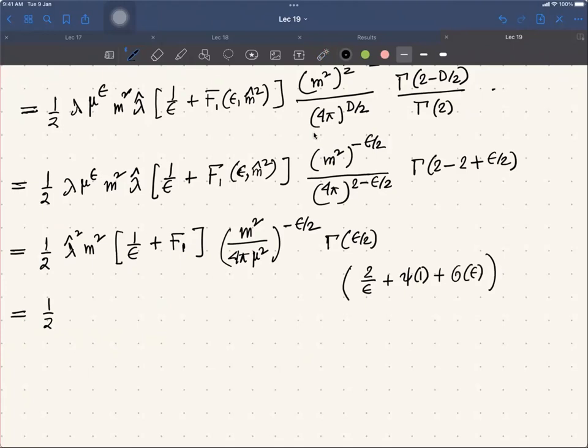So half m square lambda hat square (1 over epsilon plus f1). This is m hat square.